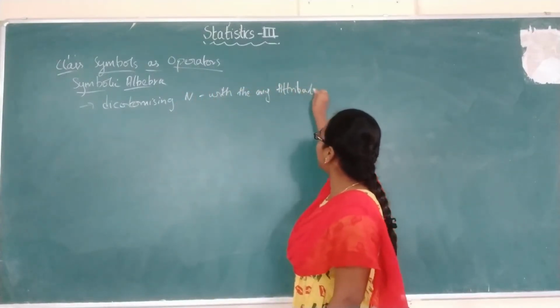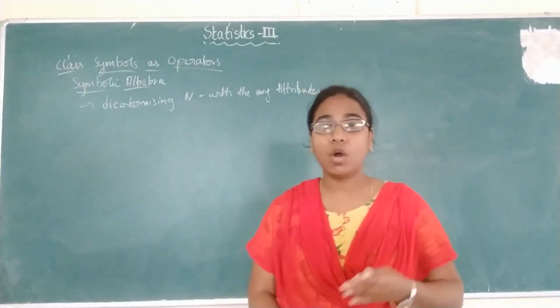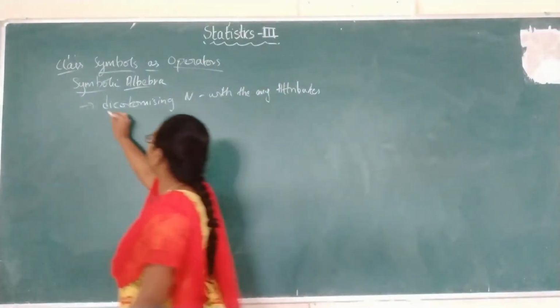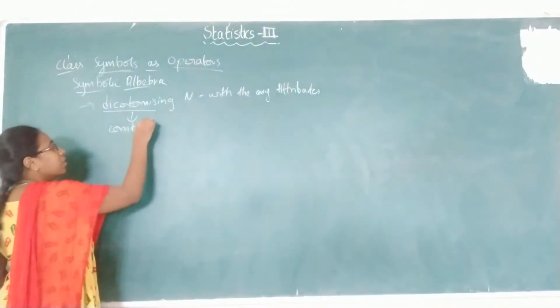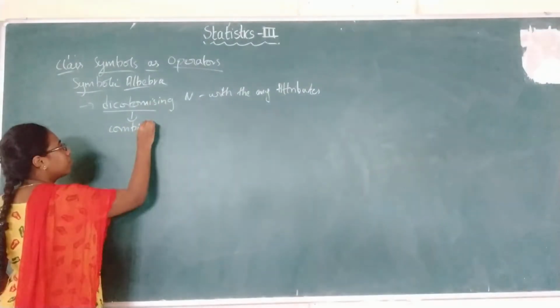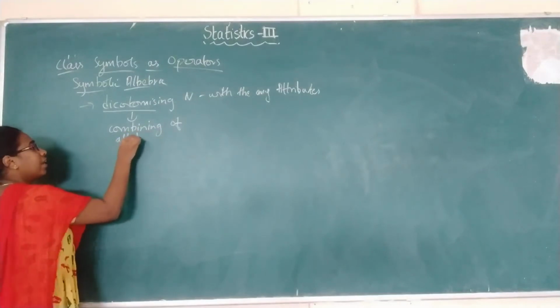So what is dichotomizing here? Dichotomizing means combining of attributes.